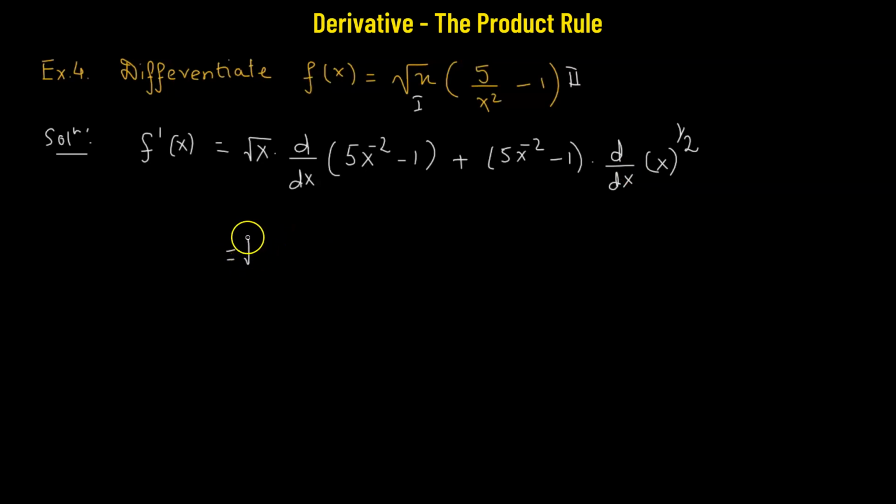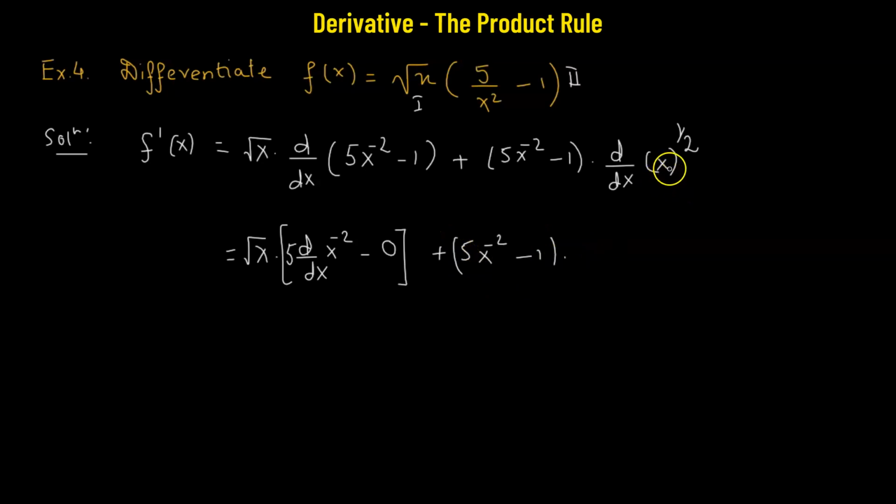So this will give us square root of x times the derivative with respect to x of 5x raised to the power of negative 2. So 5 being a constant, we have taken it outside the derivative. So this will be multiplied by x raised to the power of negative 2, minus the derivative of a constant 1.